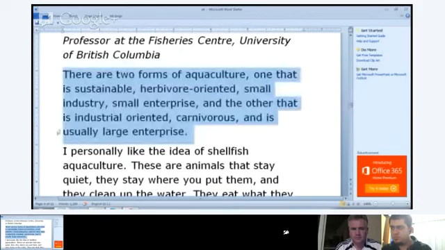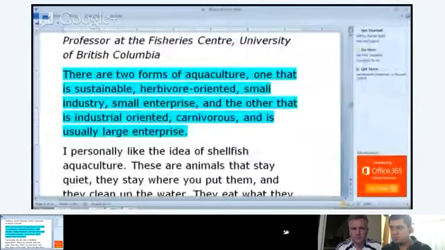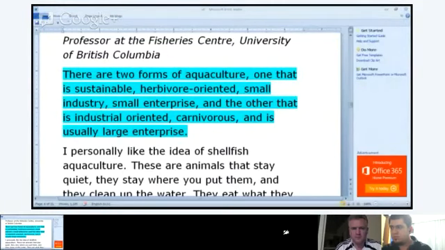I'll mark it with blue. He talked about two types of fish farming or two types of aquaculture. Anyone? Yes, Geoff. Go ahead. There are two types of aquaculture.